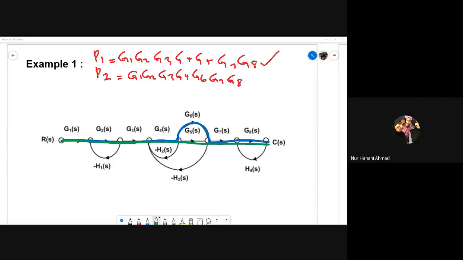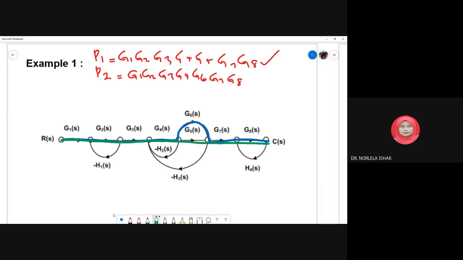How about Brian and the gang, can you still follow? Yes, ma'am. Okay, very good. This is the way to define the forward paths. We have two forward paths.